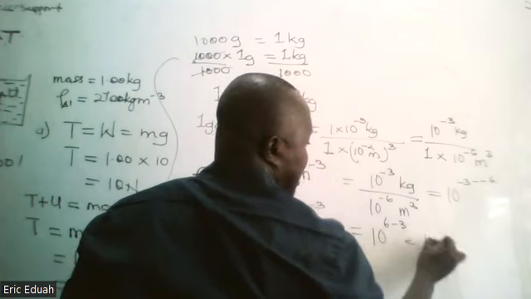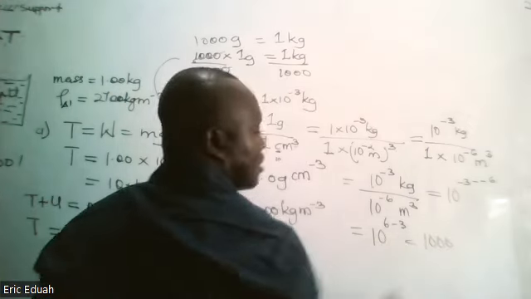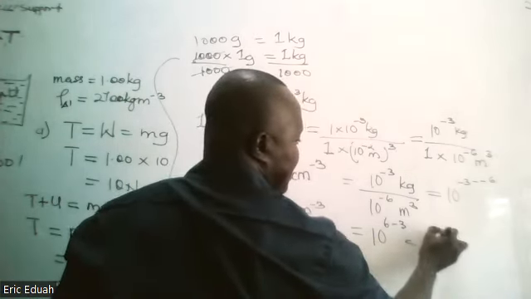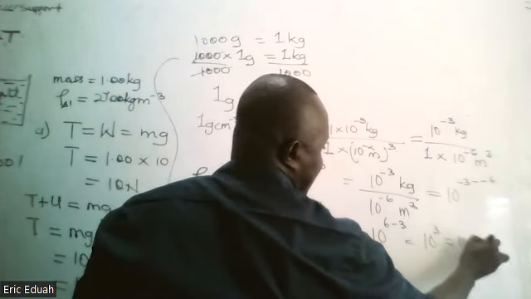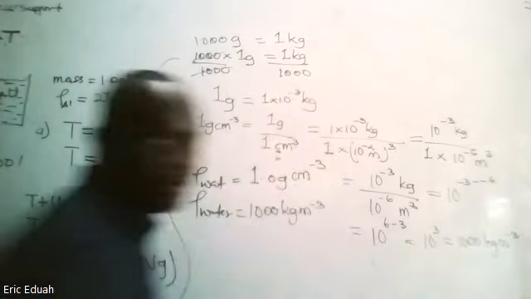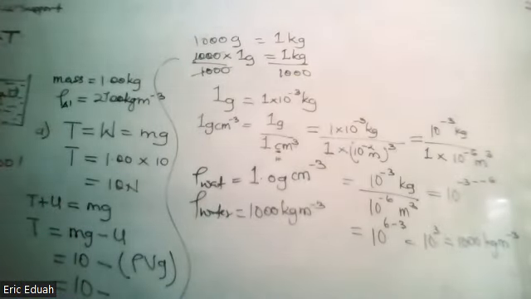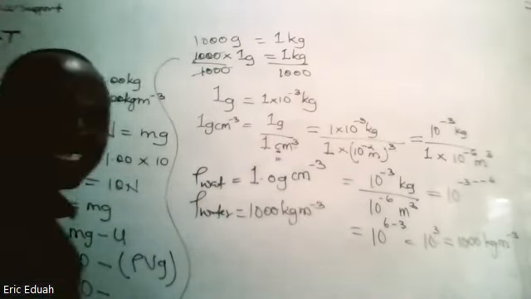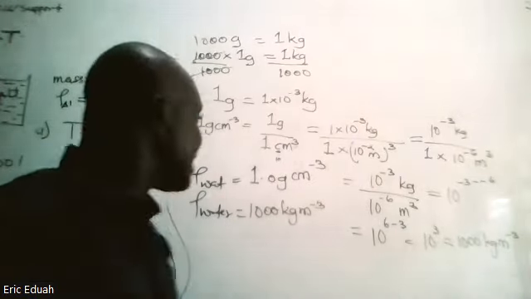And this is equal to 1000, or 10 to the power 3, which is equal to 1000 kilogram per meter cube. All right. So that's how to convert this.